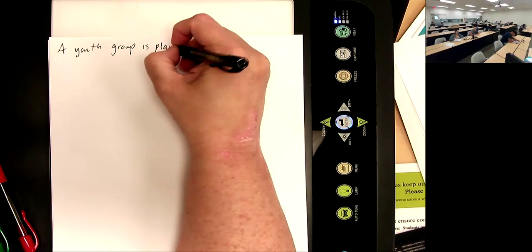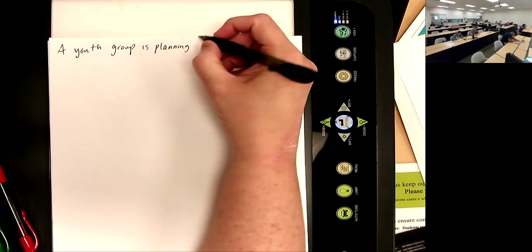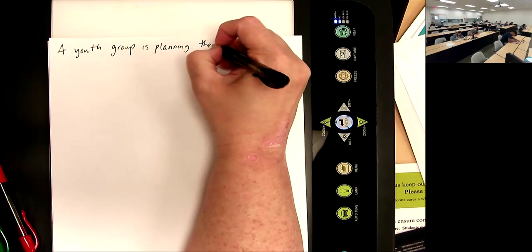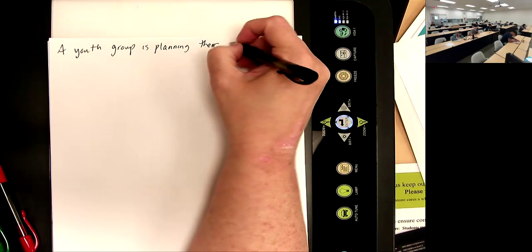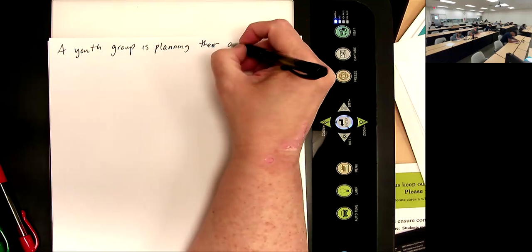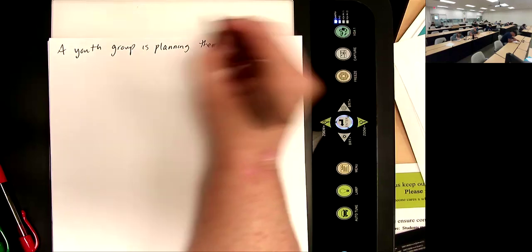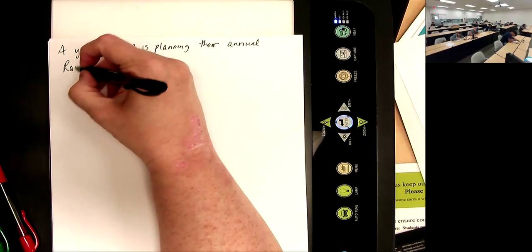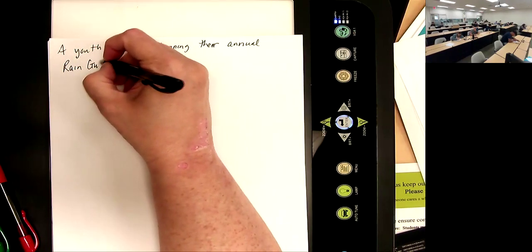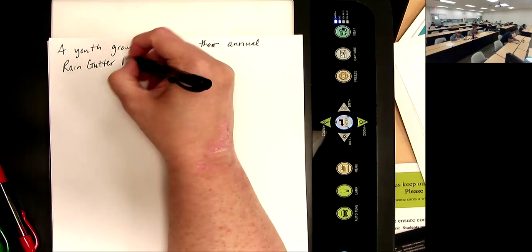I got this from someone else and I've never heard of this event. I don't know if you have. A youth group is planning their annual rain gutter regatta. This sounds totally made up to me. Why a youth group would do this, I don't know.